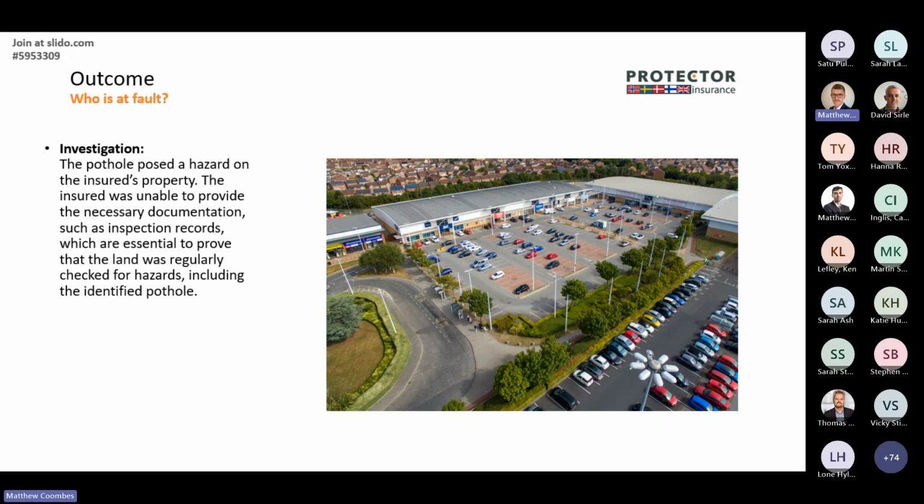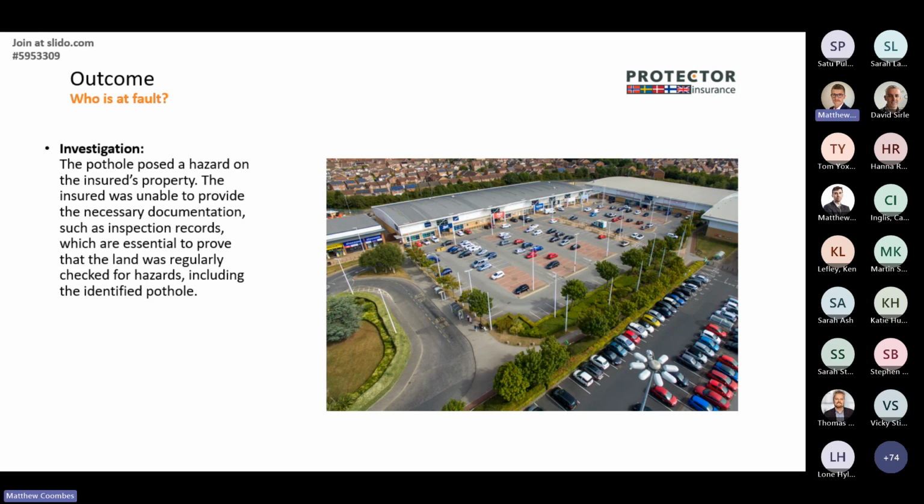And that is correct. So the investigation showed that the pothole posed a hazard on the insured's property. The insured were unable to provide the necessary documentation, such as inspection records, which are clearly essential to prove that the land was regularly checked for hazards, including the identified pothole. So why it was admitted, we had a lack of documentation.